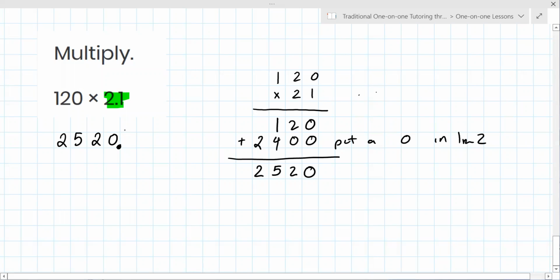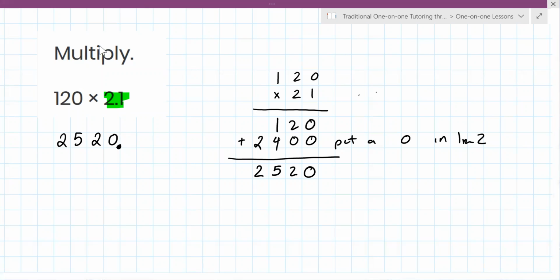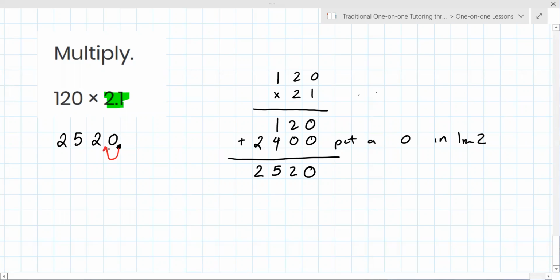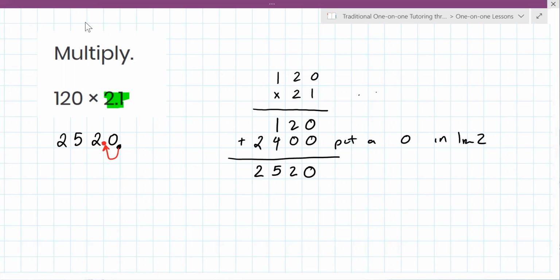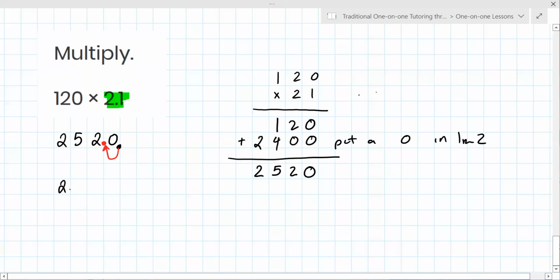So how many places are we going to move it? 1 to the left. So now here's what's interesting in this problem. Our answer is 252.0, but is that 0 needed? No, so we can actually just write it as 252.